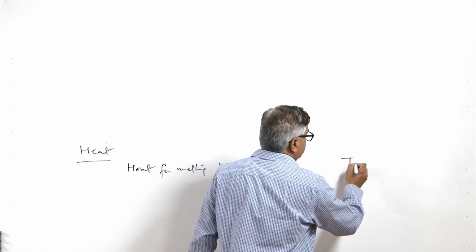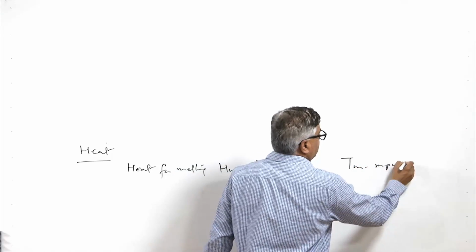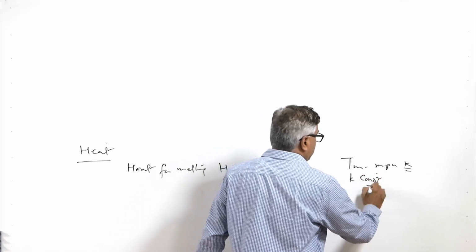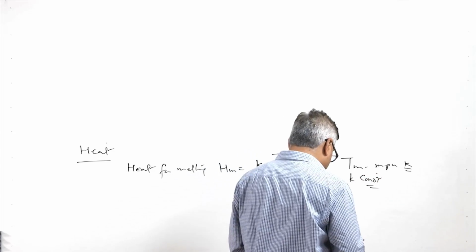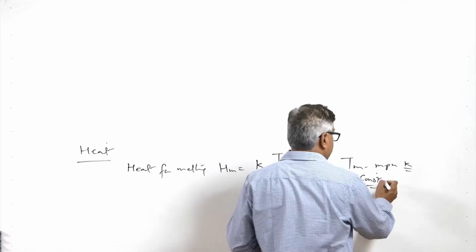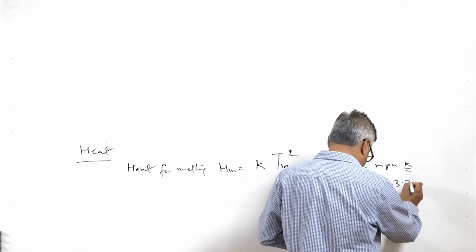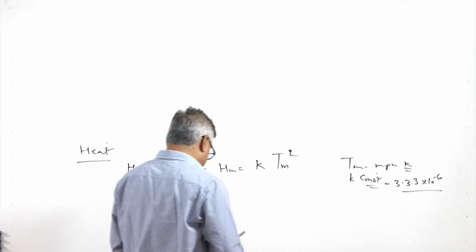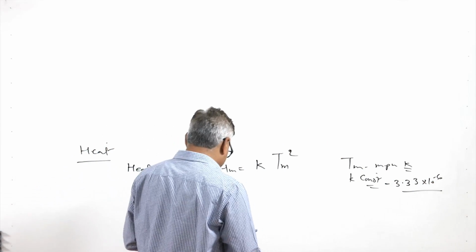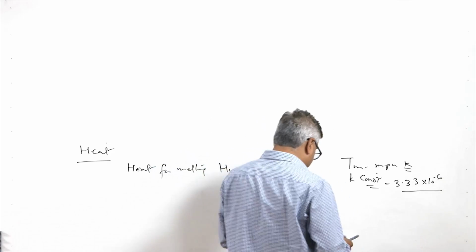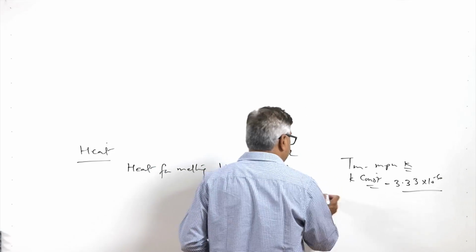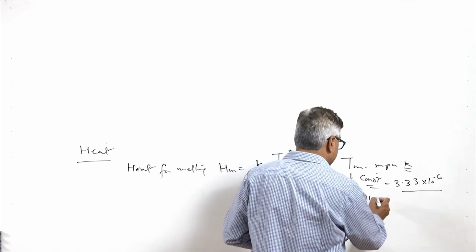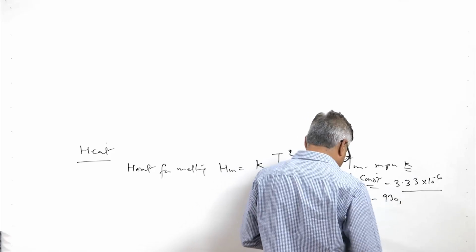Here Tm is the melting point in Kelvin and K is a constant whose value is given as 3.3 times 10 to the power minus 6, while the value of Tm, the melting point for aluminium in the Kelvin scale, is considered 930.